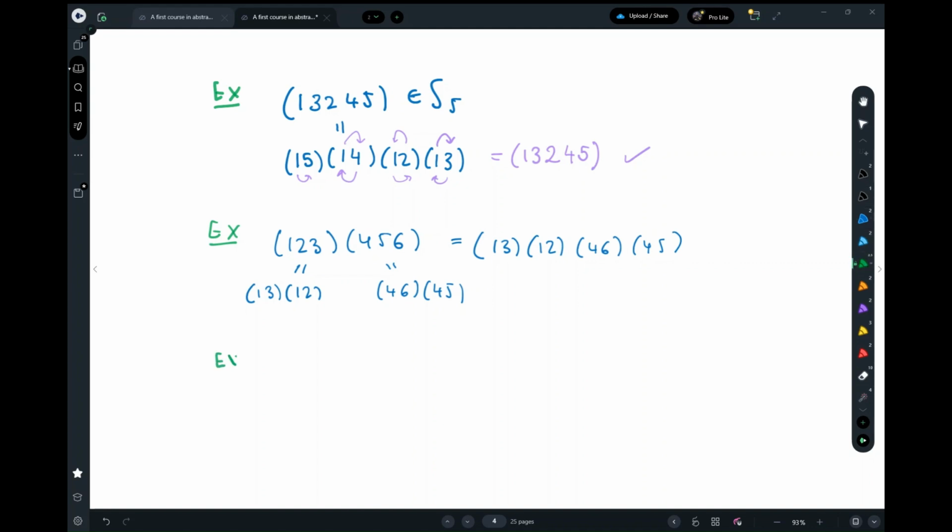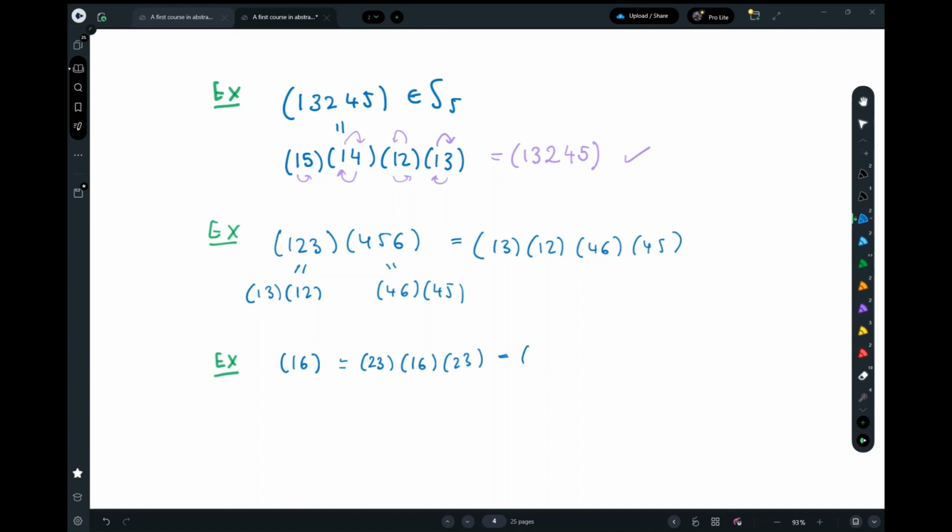Finally, I'll mention that you can do that in many different ways. So for example, (1 6), which is a transposition, is a product of transpositions, but I can also write (1 6) as (2 3)(1 6)(2 3), for example. That is an equality.